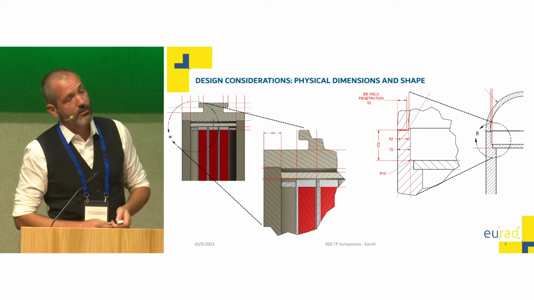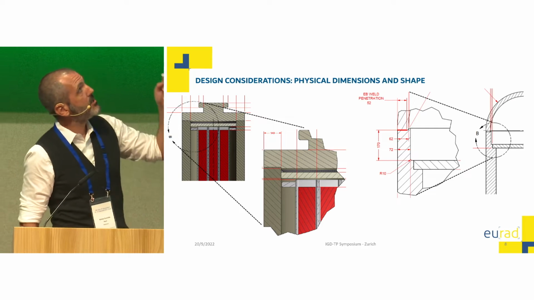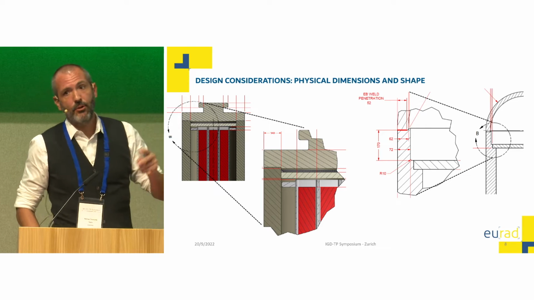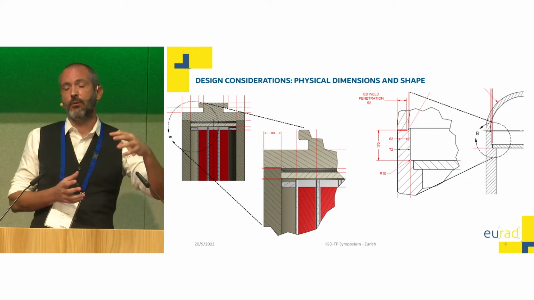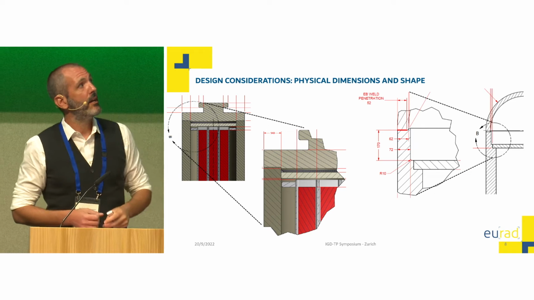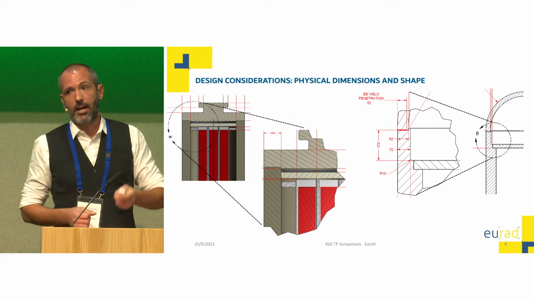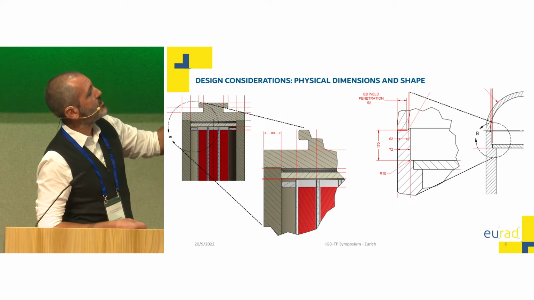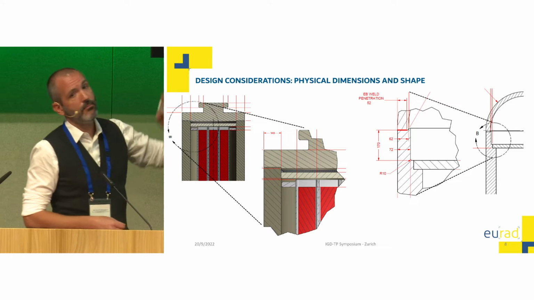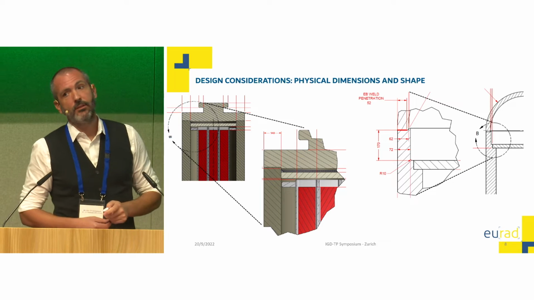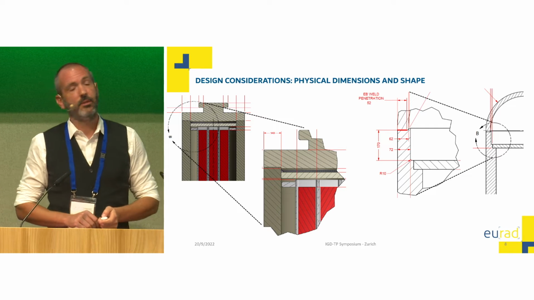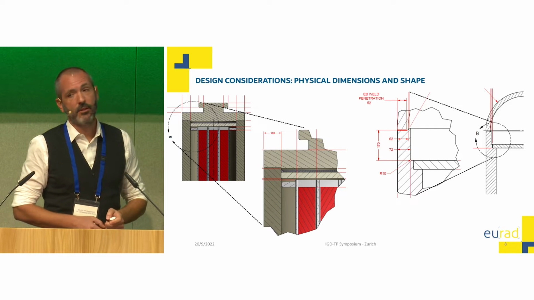When you do that, you realize that by changing the shape of the lid from flat to hemispherical, you completely change the stresses at the weld region as the external lithostatic or hydrostatic load is applied. And what this allows you to do is to change from a 14 centimeter deep weld when you have a flat lid to a 5 centimeter deep weld when you have a hemispherical lid.